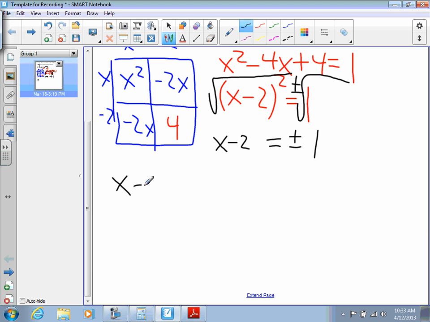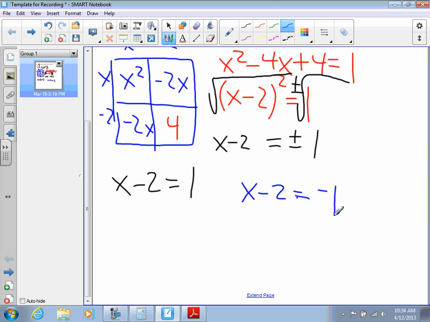We have x minus 2 equals 1. And on the other side, we have x minus 2 equals negative 1. I should probably back up. The square root of 1 is 1 because 1 times 1 equals 1.